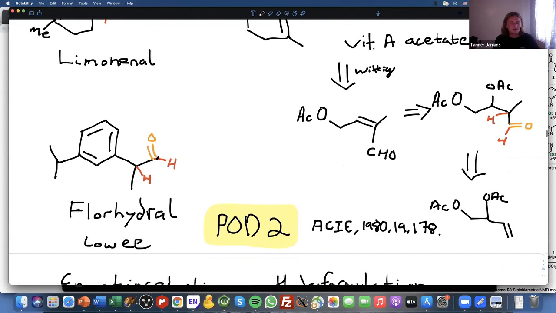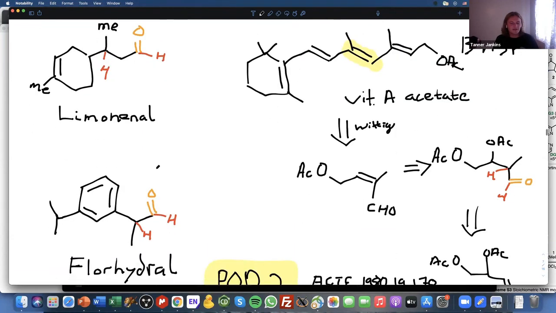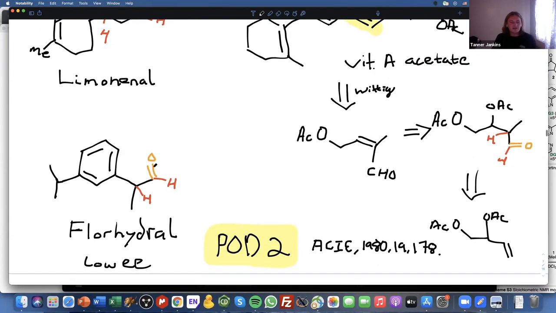Additionally, as you may note from things like limonene, these types of 1,1-disubstituted alkenes can be hydroformylated in an enantioselective fashion, which would potentially be expected to give different smells.